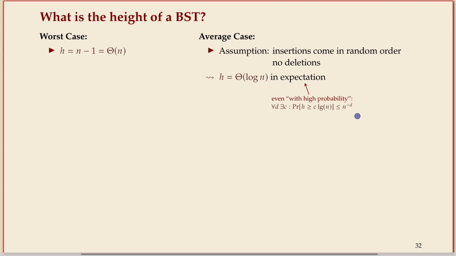Basically, whatever multiplicative factor you give me that you want above log n, I can tell you an exponent how unlikely that is. So in a way, it's a way to say not just the typical height is very close to this log n, but also almost always it is, if you have a large number of keys and they come in random order.